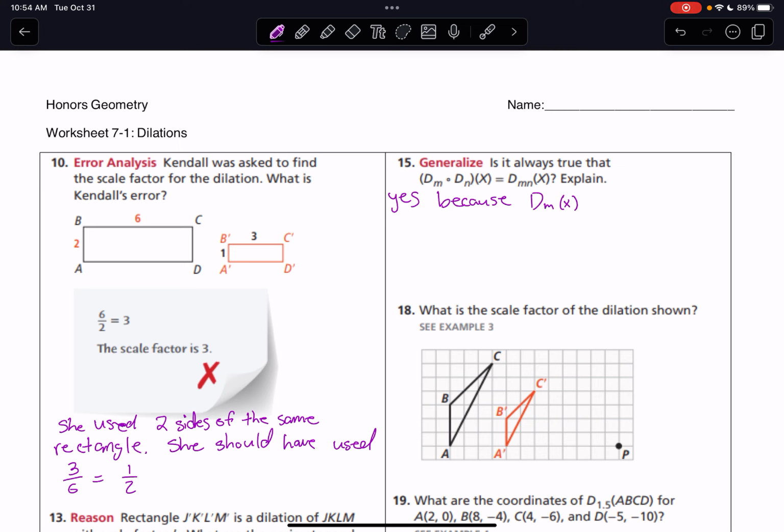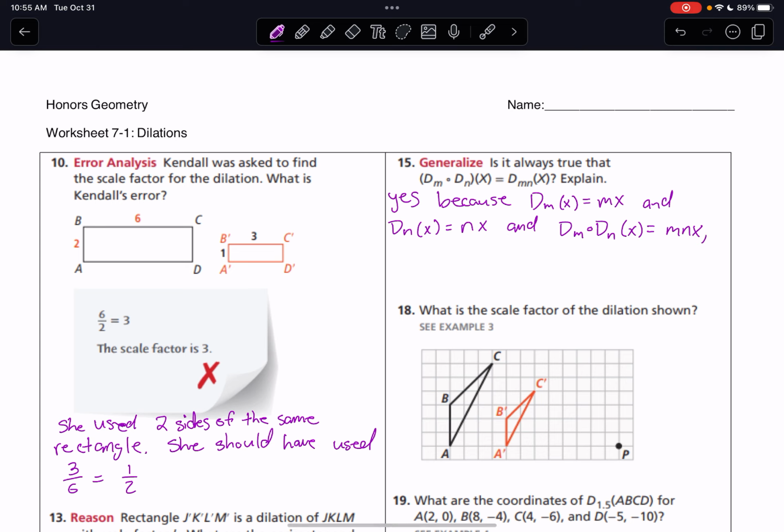on object x, I'm going to get m times length x. And if I do a dilation with scale factor n on x, I get n times x. And if I do both, and a dilation of m times a dilation of n of object x, I will get mn x the same way.